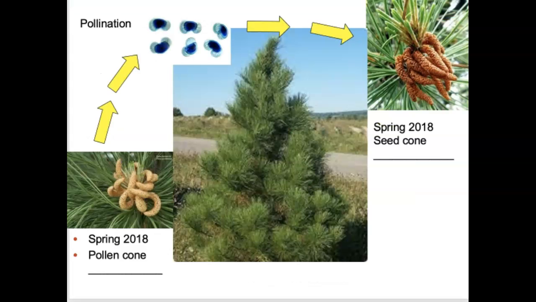So let's start out, let's say it's spring of 21. Sometime early spring, depends on the plant, depends on the environment, but let's just say it's early spring of 21 and that cone develops on the pine tree.